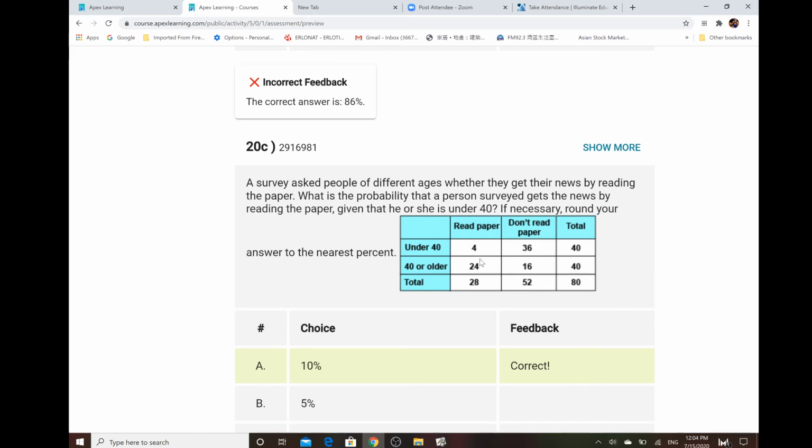Because the people under 40 years old, it's only 40 people. And then the ones reading the paper, it's only 4 of those. So 4 over 40. So selecting the one that is sharing common, row and column, under 40 years old reading paper, and then the total outcome, so under 40 years old. So 40 people are under 40 years old. So 4 over 40, 10%.